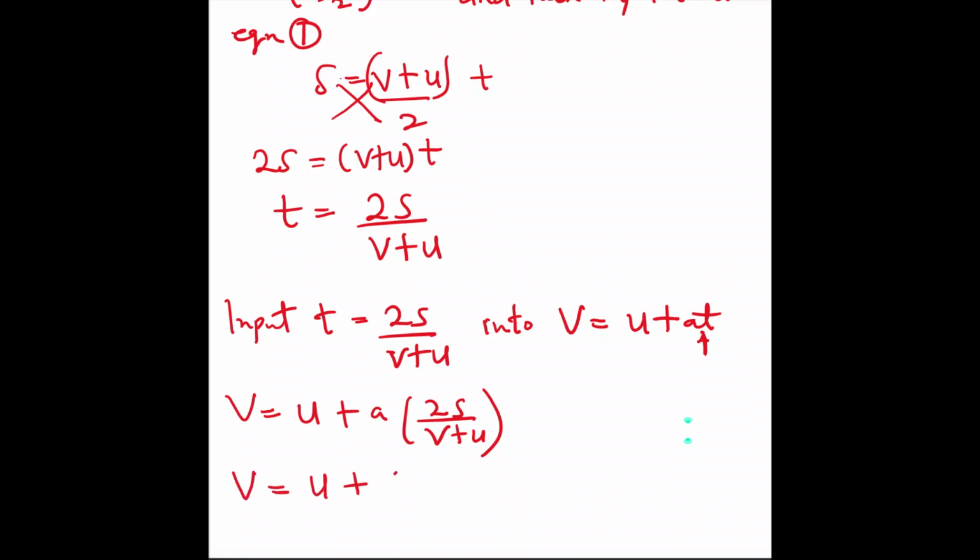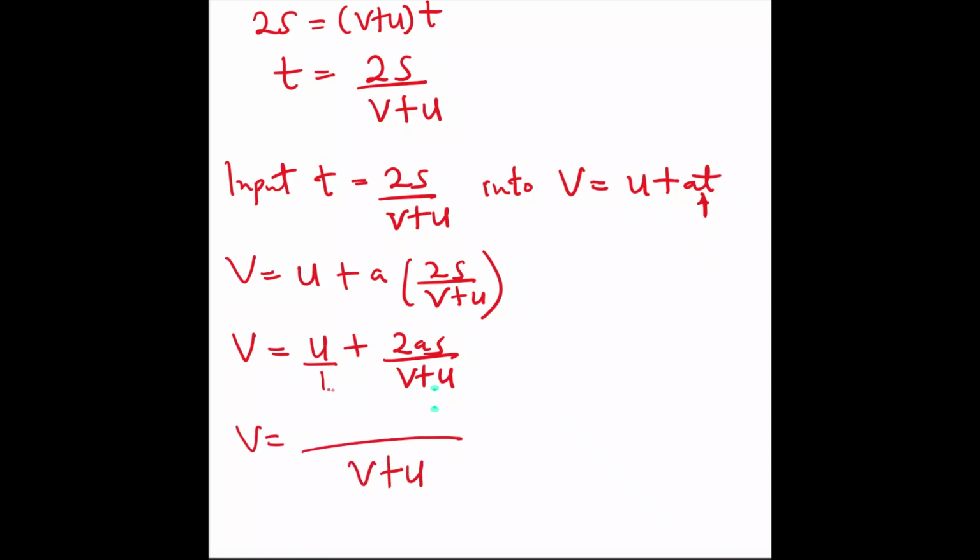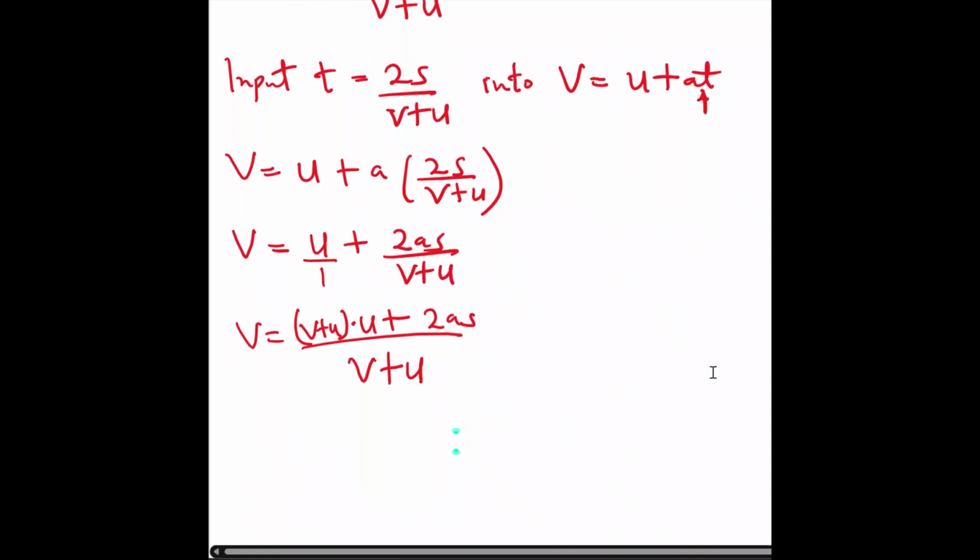So that's V equals U plus 2AS over V plus U. This U is over 1. Let's find the LCM. The LCM is going to be V plus U. So V equals V plus U divided by 1 is V plus U, times U, plus V plus U divided by V plus U is 1, times 2S is 2AS.